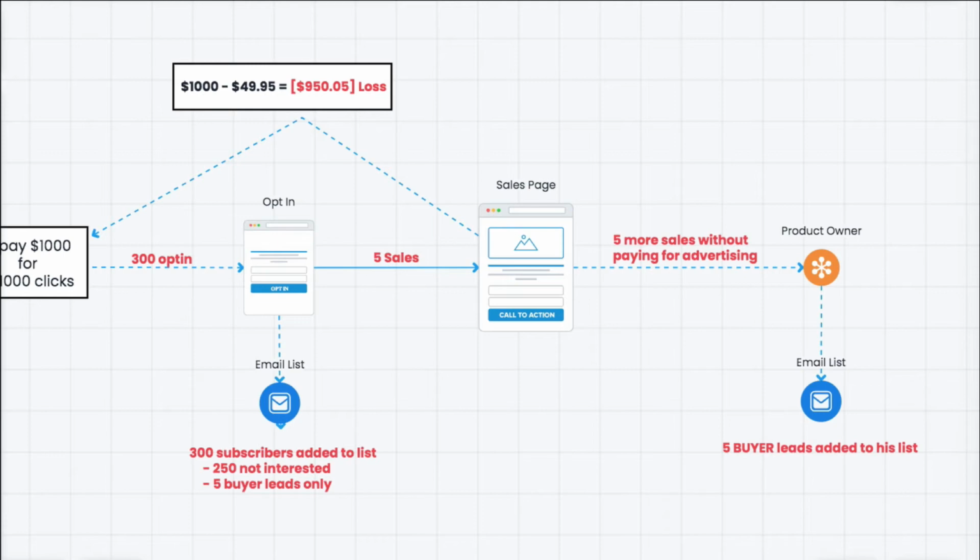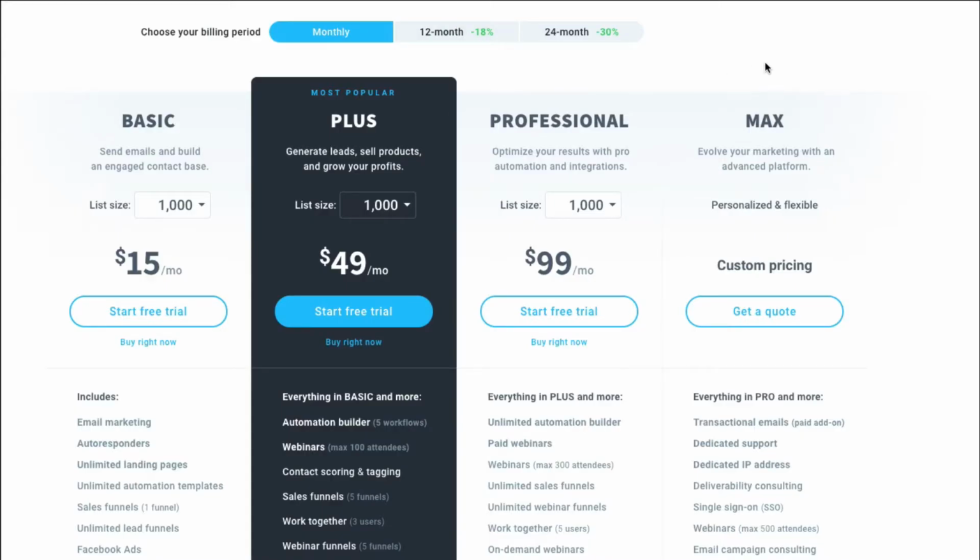So let's take a look at what you would pay for an autoresponder. An autoresponder is a service that collects all the email addresses for you, okay? And this is GetResponse. This is the service that I use for my business. They are very good. You get a 30-day free trial, and there's a cost per package after that trial.